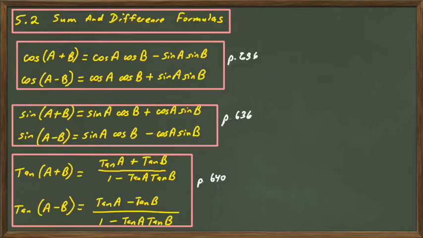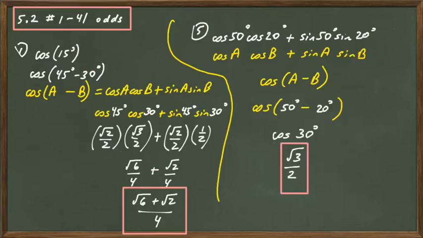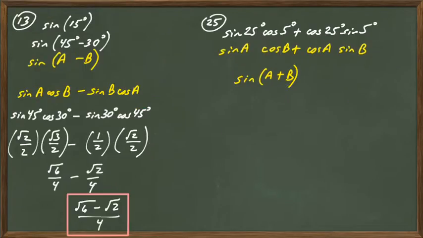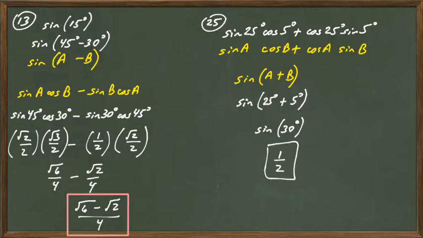Sine with a plus. So hopefully it's this one here. So I need the sine of A plus B, turning it into the sine of 30 degrees, which is radical, no it's not, sine of 30 degrees would be 1/2.